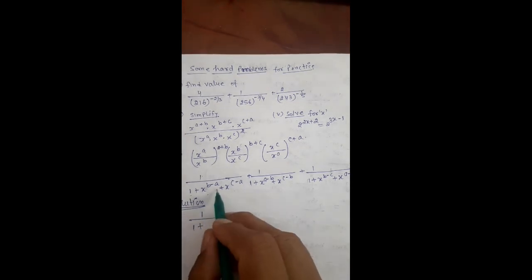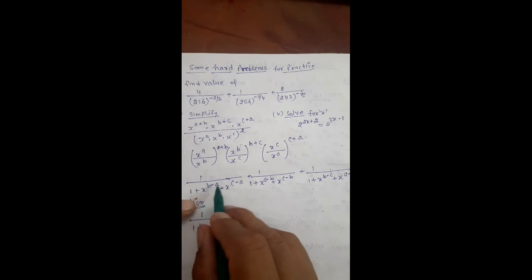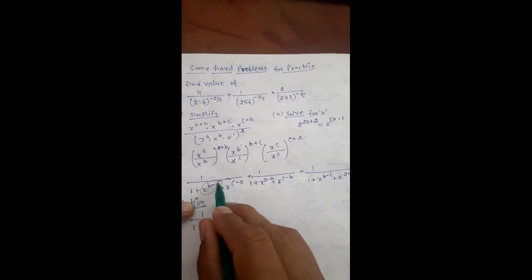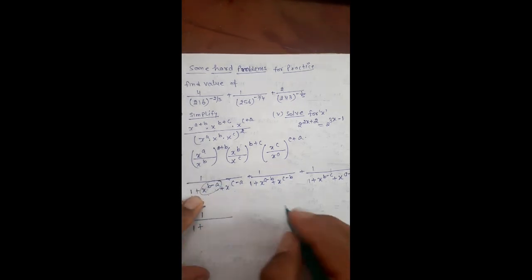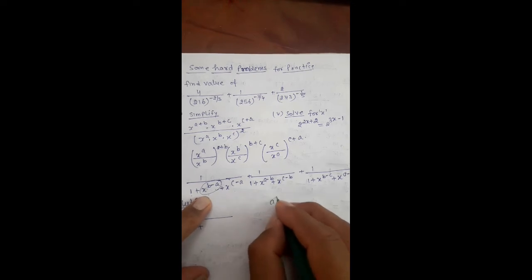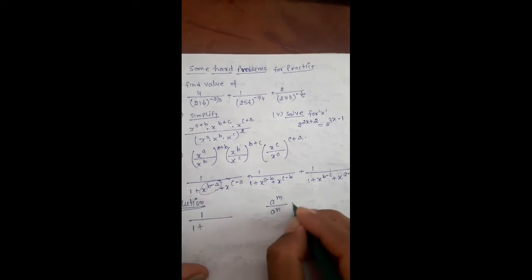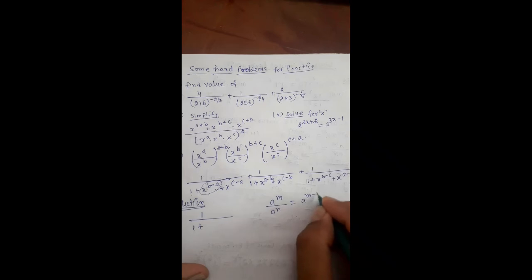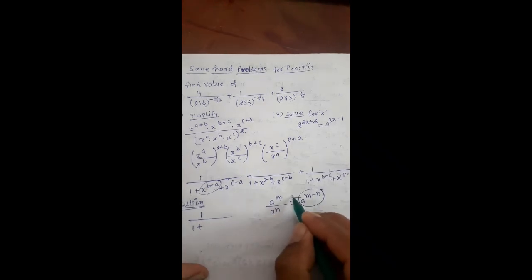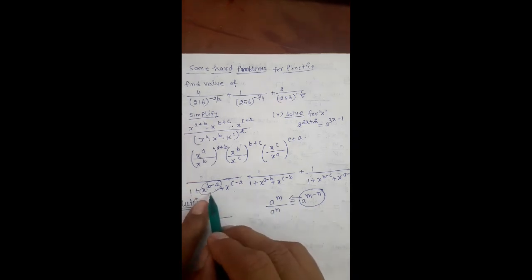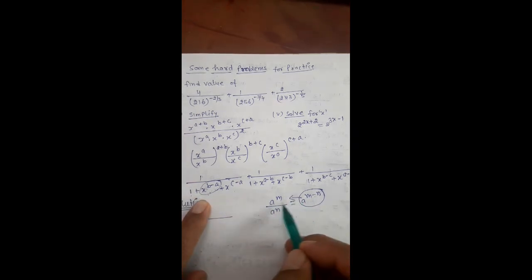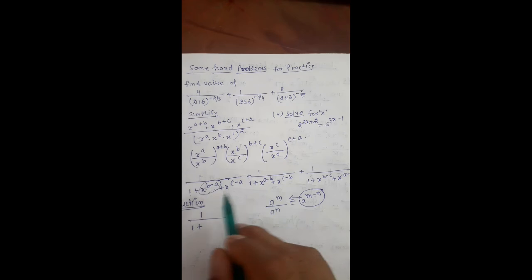Observe this one. a to the power m divided by a to the power n is a to the power m minus n. So you need to write it in this way.